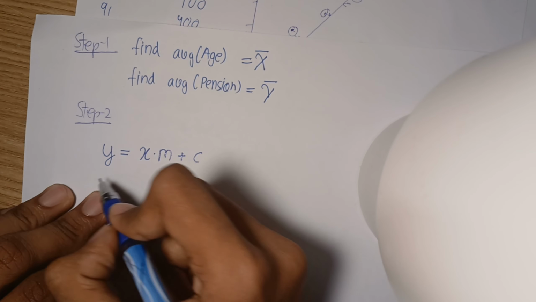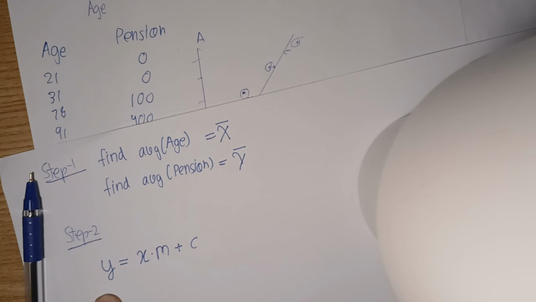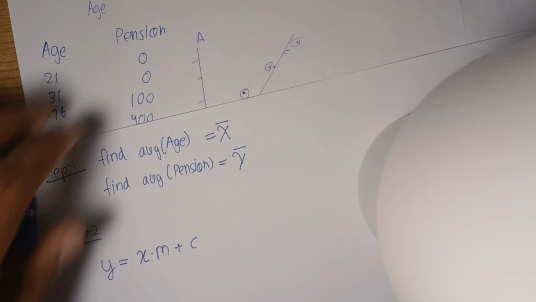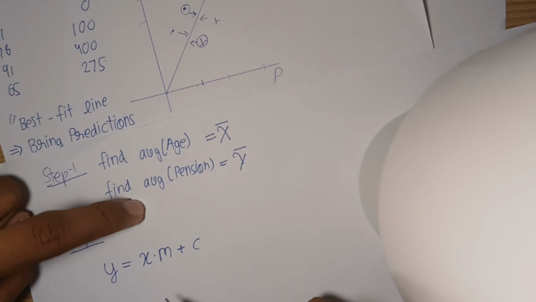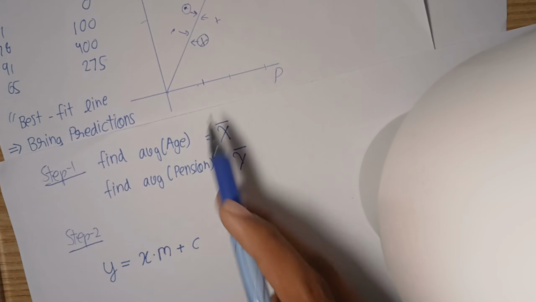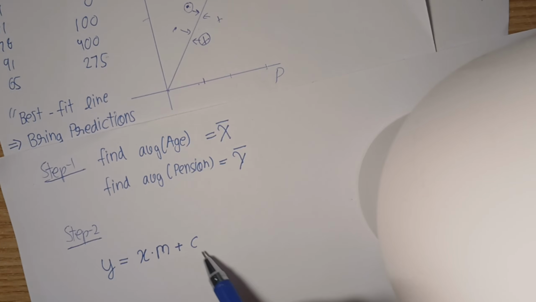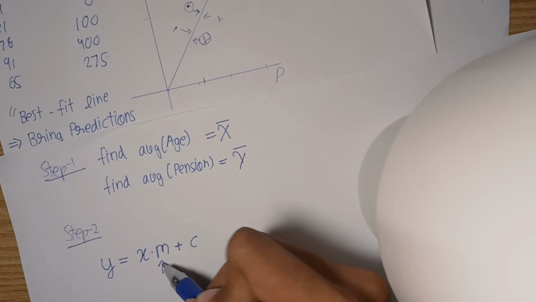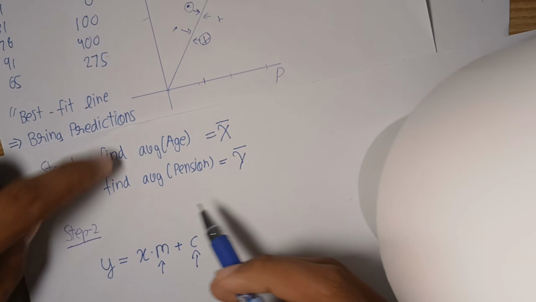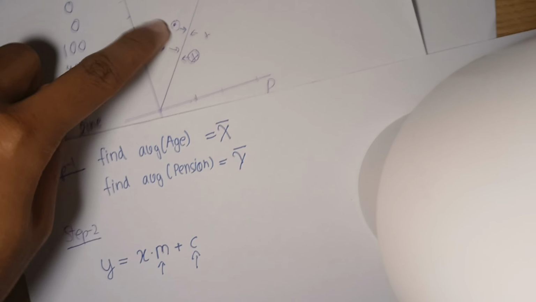Now here y is the values on the y-axis and x is the values on the x-axis. M is a number, c is also a number. Now, how do we determine what m and c are when we are trying to draw this best fit line?